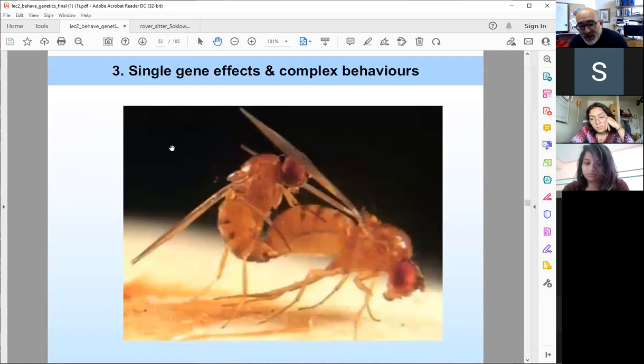Having said that, there are lots of complex behaviors that are influenced by single genes. Those single genes interact with aspects of the environment, and they can lead to very complex behaviors. What you're seeing here are Drosophila. These are fruit flies, Drosophila melanogaster. We'll call them Drosophila for short.